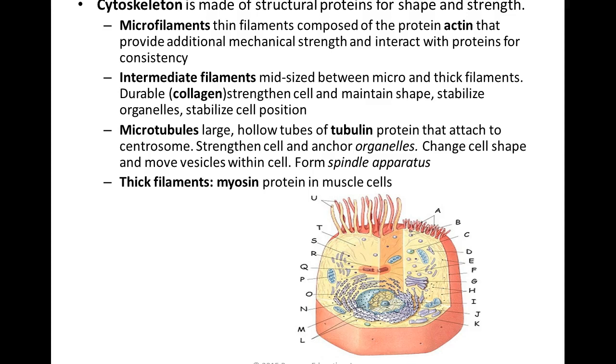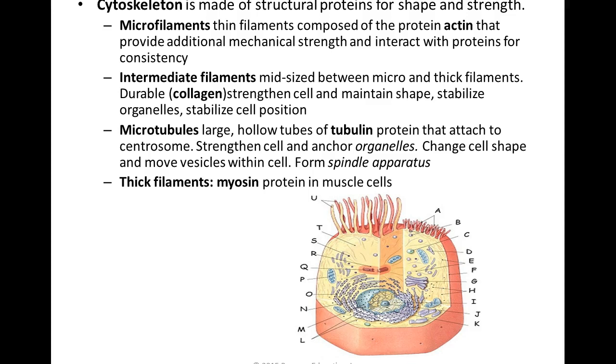But the microfilaments are made of the protein actin, and we mostly find microfilaments just inside the plasma membrane. So you have these microfilaments, micro based on their size, they're smaller, and they also tend to be found right inside the plasma membrane.